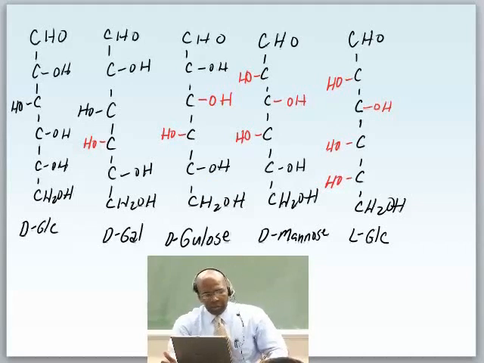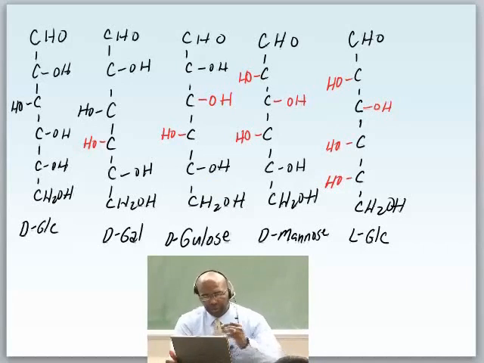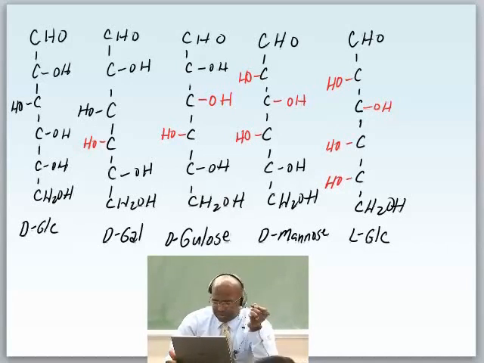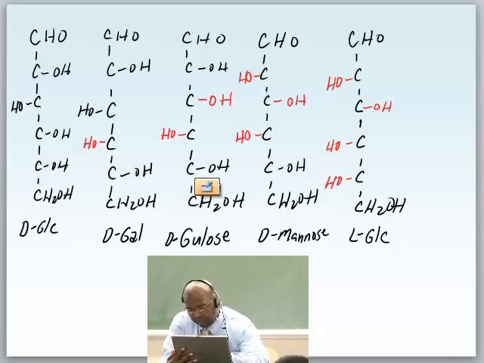Now I'm going to draw another molecule where, see, all of these have the same chiral centers. I'm going to draw another molecule that has the same number of atoms of all of these, but the chiral centers aren't there.